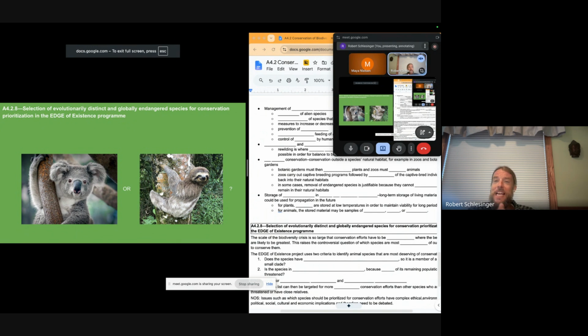And if you take a eucalyptus leaf, for example, and you put it on a plate, a koala can't recognize it as a eucalyptus leaf. It needs to be on the tree itself. And because they only eat one type of plant, koalas are very, very threatened.